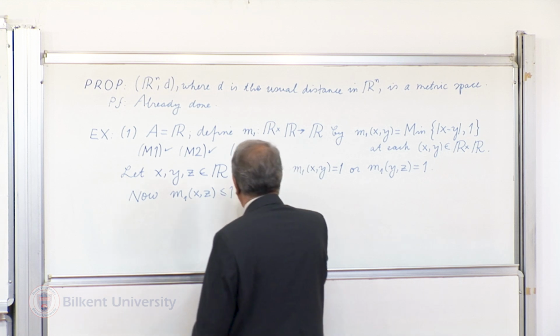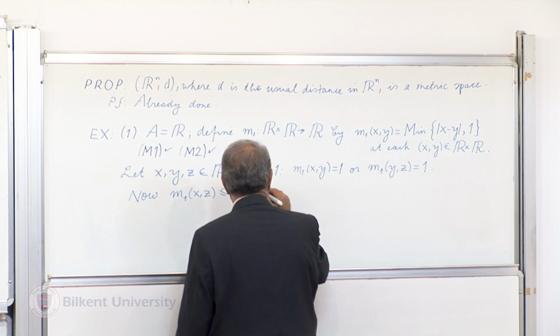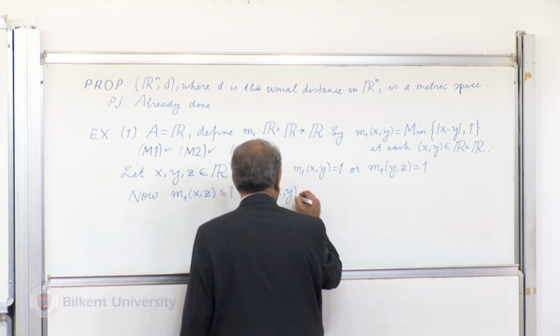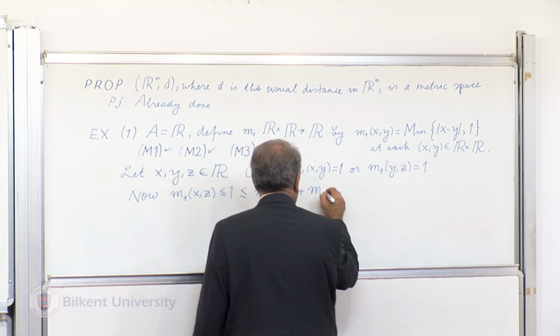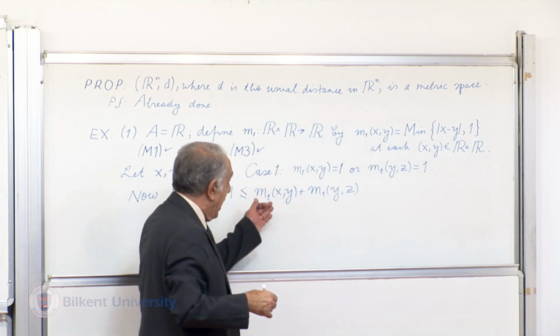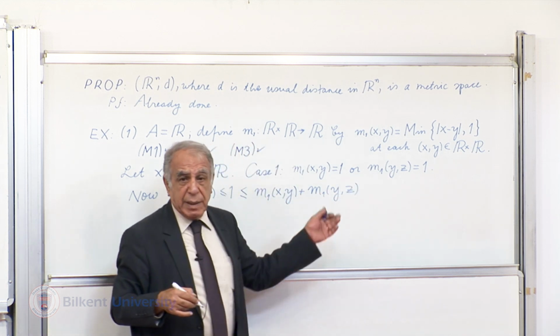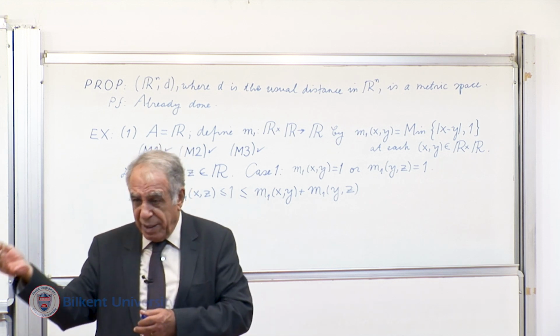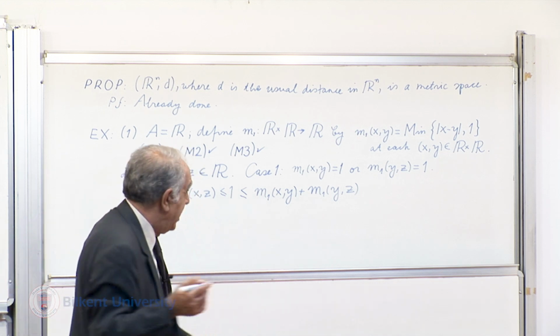But this will be less than or equal to, in this case, m1(x,y) plus m1(y,z). Why is that the case? Well, at least one of them is 1, and the other is larger than or equal to 0.